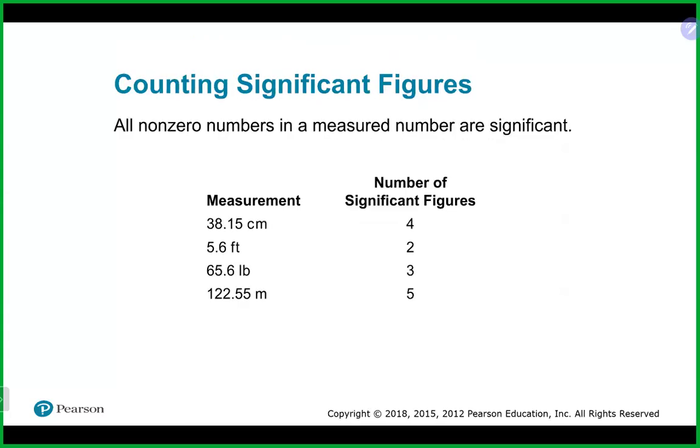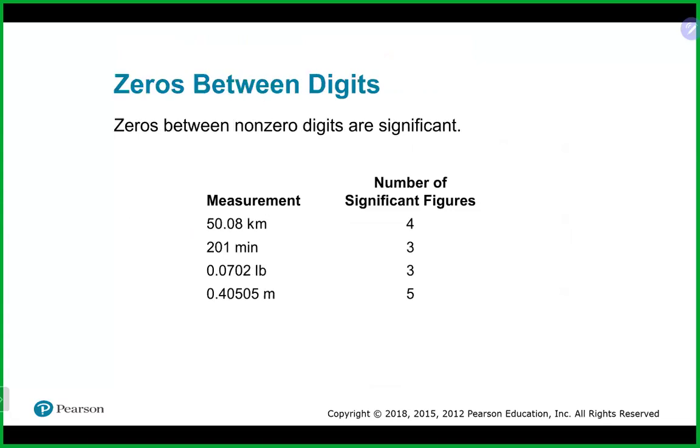All right, so again, all these guys are non-zero. Going left to right, we got 4 in the first one, 2, 3, and 5. And again, on each of these, we're counting here and going to the right. Here, we're going to start counting here, trap zeros, everybody's significant there. Here, we're going to start counting there, trap zero, significant.